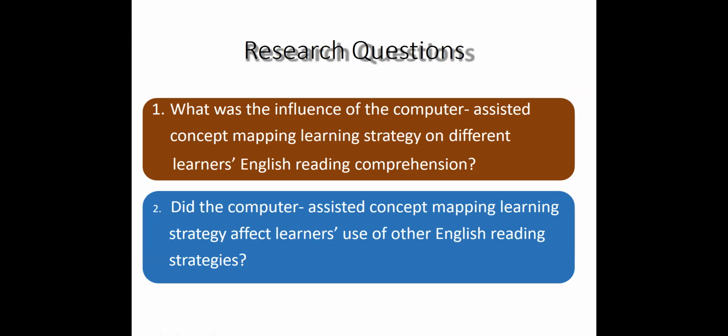The first one is, what was the influence of the computer-assisted concept mapping learning strategies on different learners' English reading comprehension? The second one is, did the computer-assisted concept mapping learning strategies affect the learners' use of other English reading strategies?